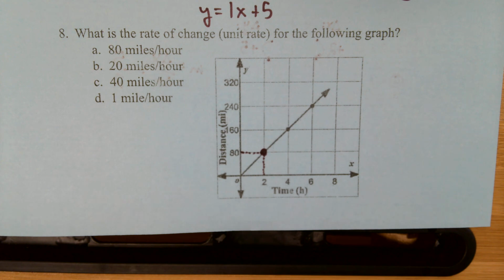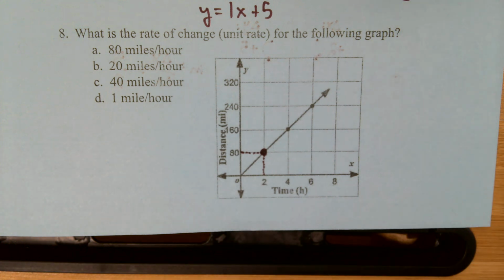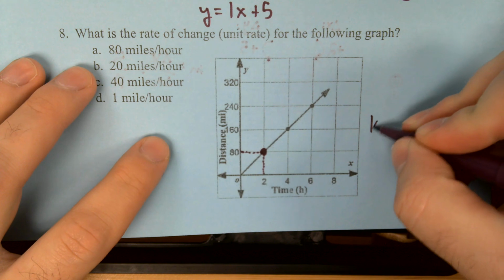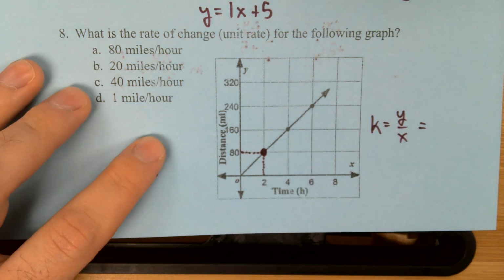What type of relationship do we have here in number 8? Proportional. A proportional relationship. How do you know it's proportional? It goes through the origin. It goes through the origin, and it's a straight line, right? A straight line through the origin means we have a proportional relationship. So we can just find k by putting y over x.